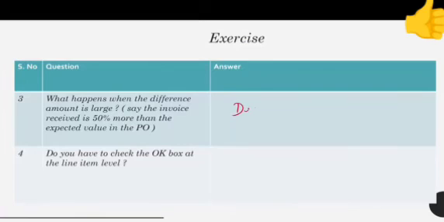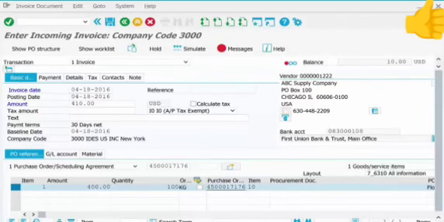So the answer here is it depends on configuration. Fourth question is, do you have to check the OK box at the line item level? So this is the OK box I'm talking about. Do you have to check it?